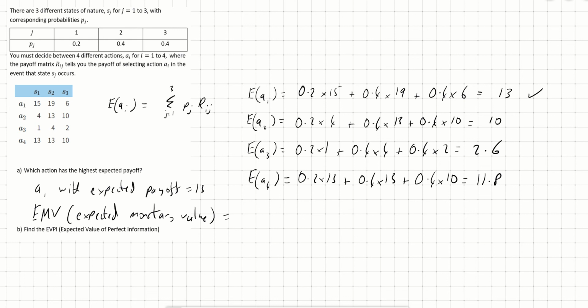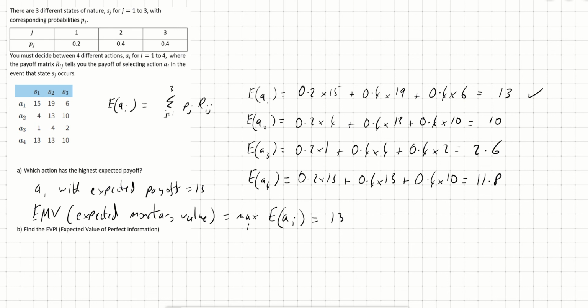So that's the maximum over all of our options of the expected payoff of the given action. So it's the maximum expected payoff over all of our values of i. So in this case, it's 13. That's the EMV of this payoff matrix.